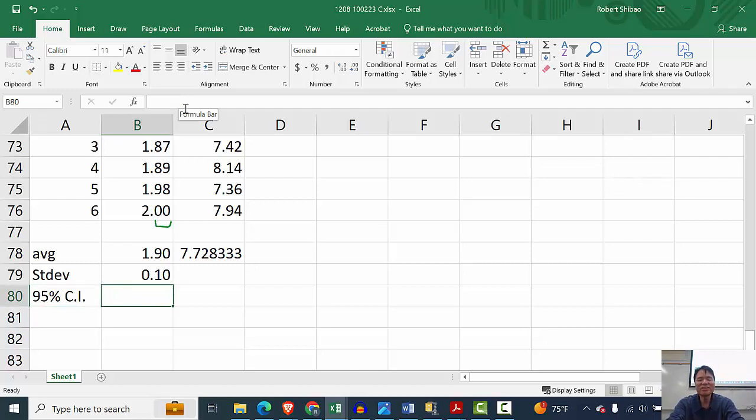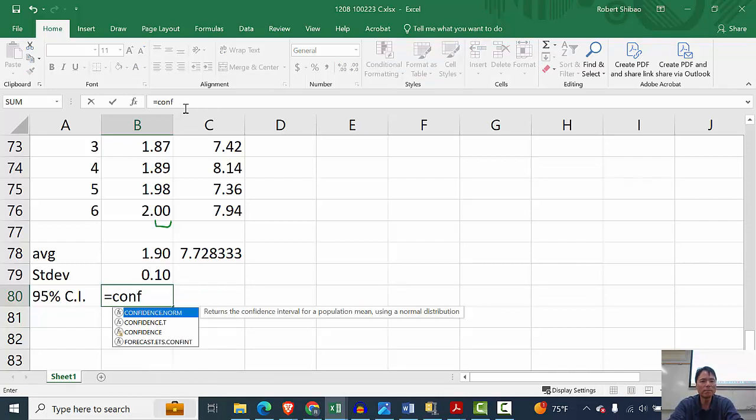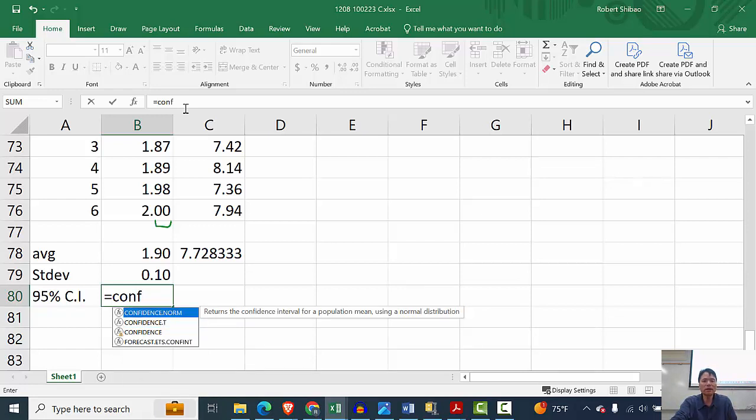So what I'm going to do is have Excel calculate it. The formula is called confidence. And we have three different confidence functions that we can calculate. I don't know if you can read that, but the first one is CONFIDENCE.NORM. It returns a confidence interval for a population mean using a normal distribution.